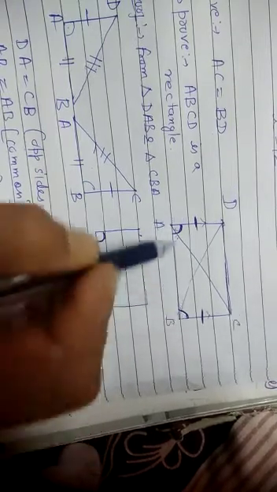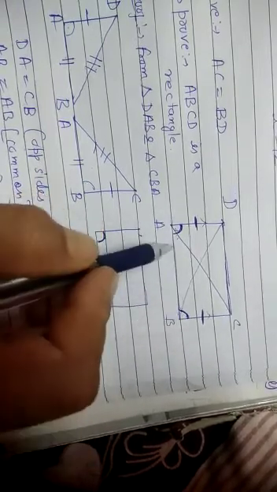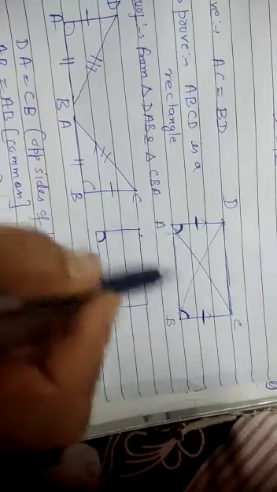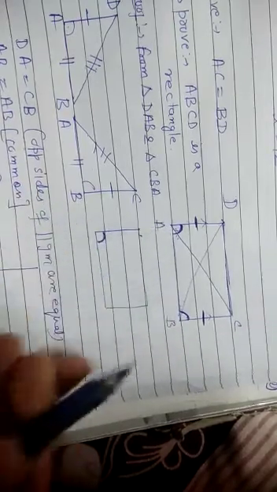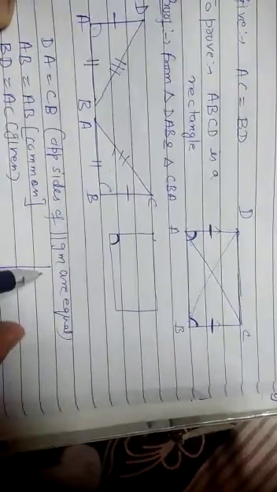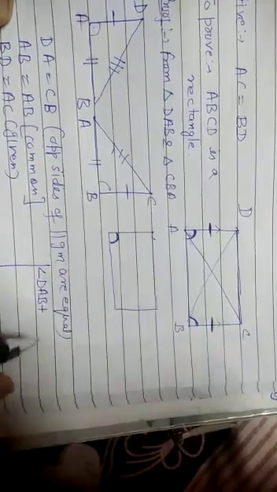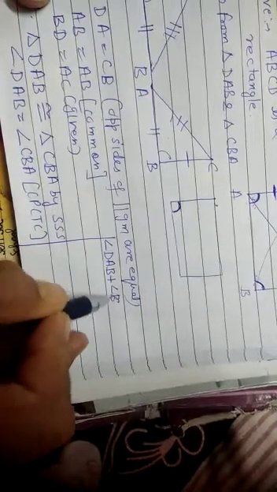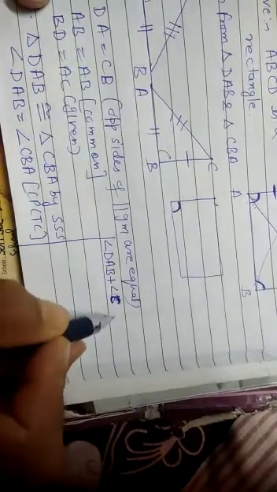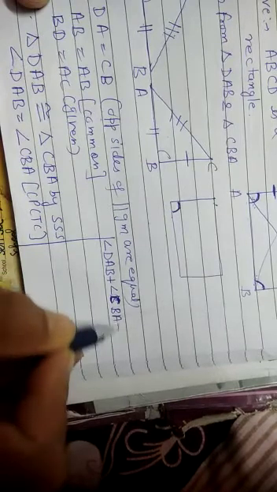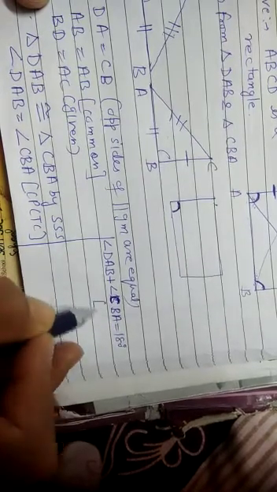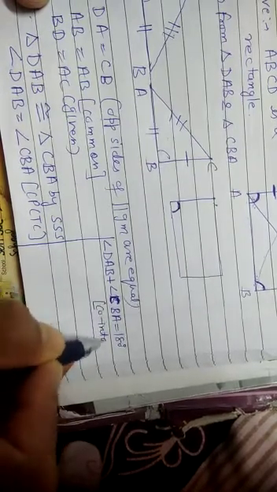We also know directly the result that in a parallelogram the sum of adjacent angles is always 180 degrees. So angle DAB plus angle CBA equals 180 degrees, co-interior angles.